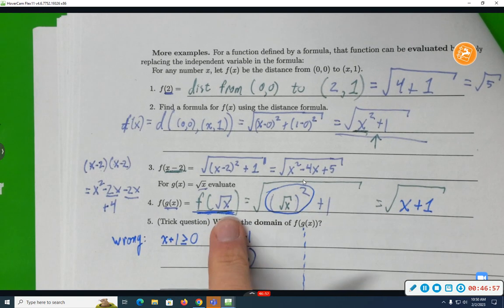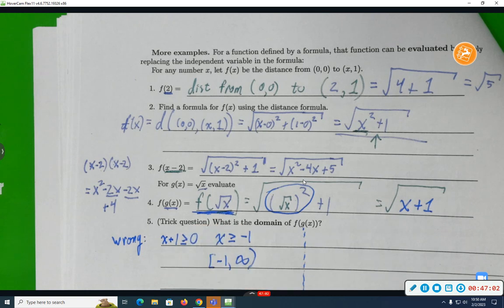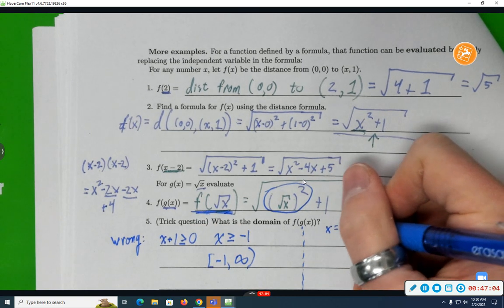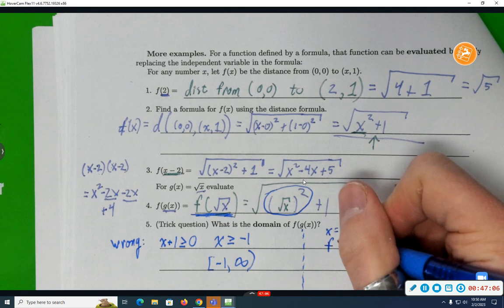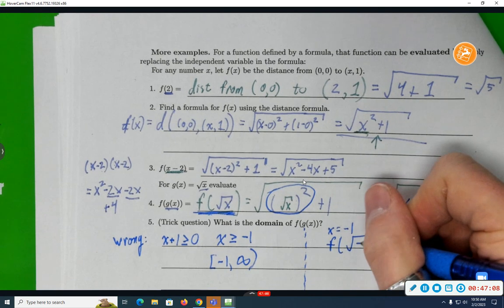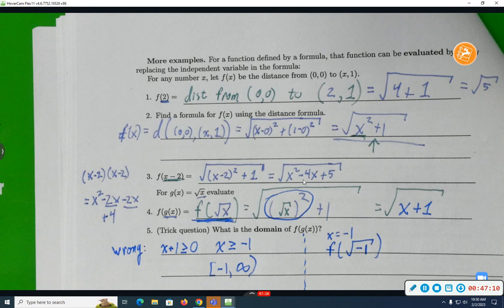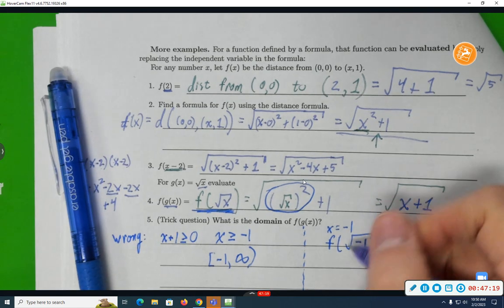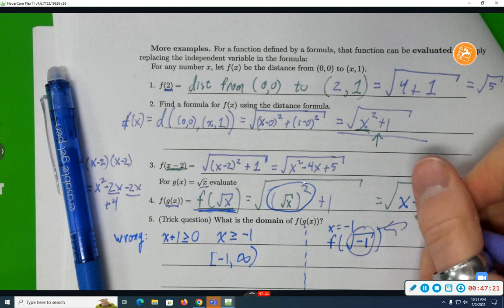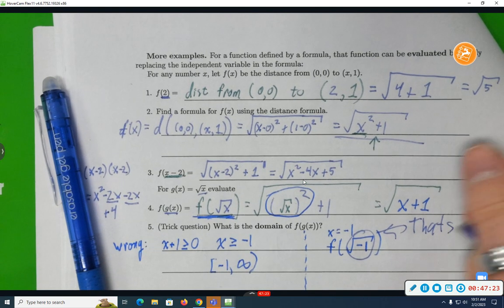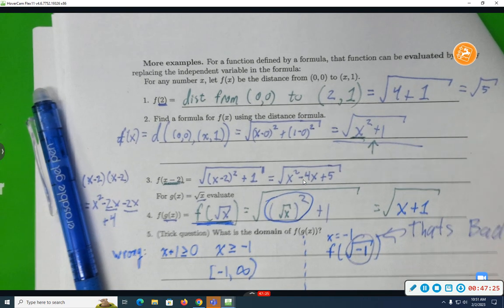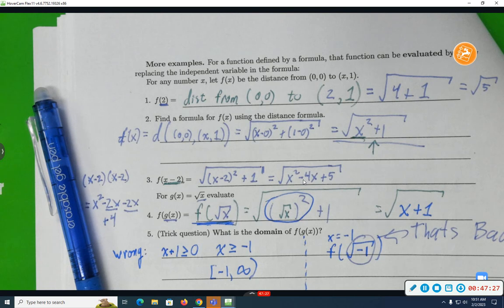The original instructions were take the square root, then feed that to f. So let's plug in x equals -1 and see what happens. There's the thing that we need to compute. Is there anything wrong with that? You can't get the square root of a negative. That's bad. So this domain is incorrect.